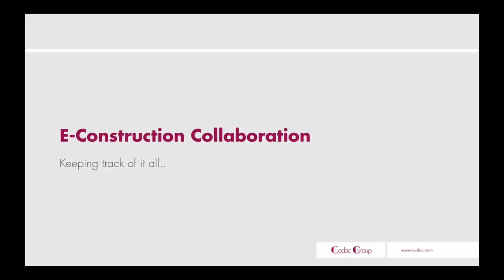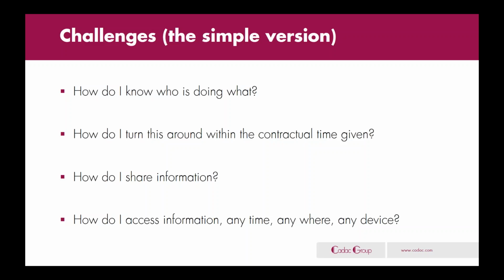So let's take a look at what e-construction collaboration is, what our experience is in there, and why you need it. If I dumb it down, think about running a project and the documents that flow between me and my contractors, and between myself and other parties. How do I know who's doing what? I'm receiving documents that need to be reviewed.